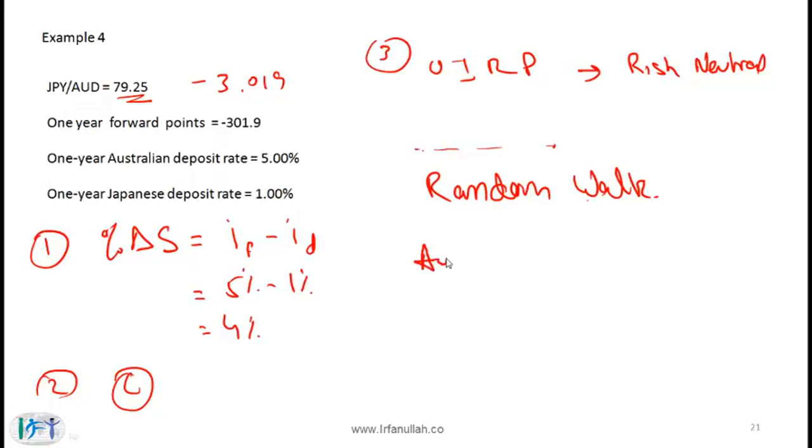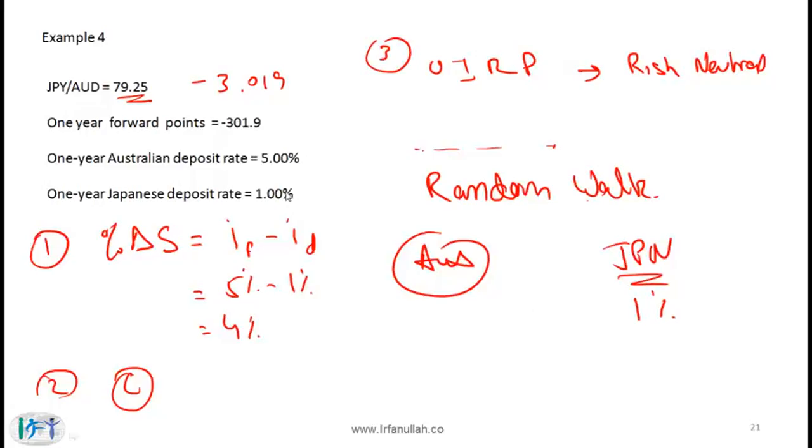Say you are the Australian investor and you have invested in a Japanese investment, on which you are going to get a return of 1%.